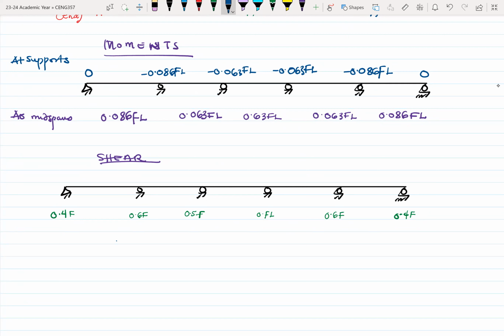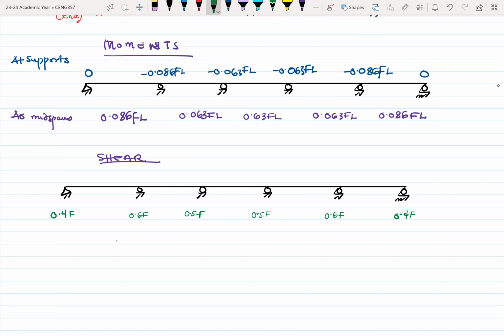So we have the coefficients for shear: at end supports it is 0.4 F, at first interior support it is 0.6 F, and at interior supports it is 0.5 F, whether left or right of the interior support.